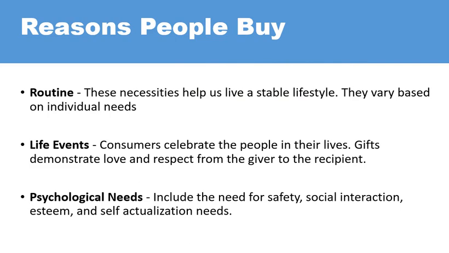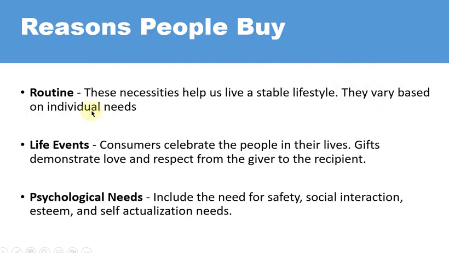All of those things help us to live a stable lifestyle. And if we're living a stable lifestyle, we're able to address our needs, and that helps us to be calm and collected and happy. So you have to think about where your product falls. The items that enable us to live a stable lifestyle are things that vary based on individual needs.